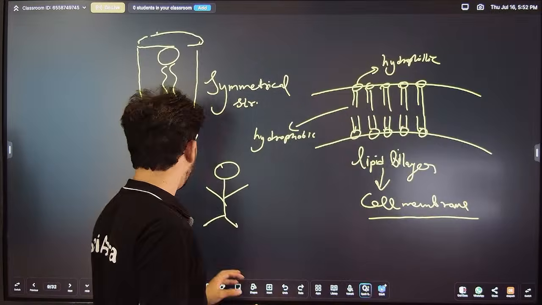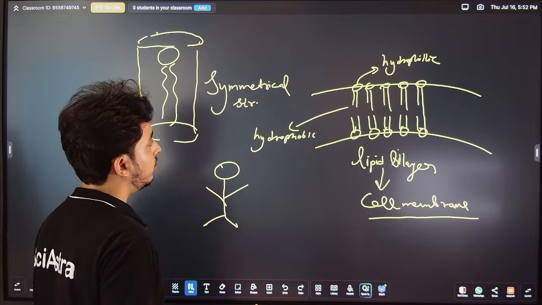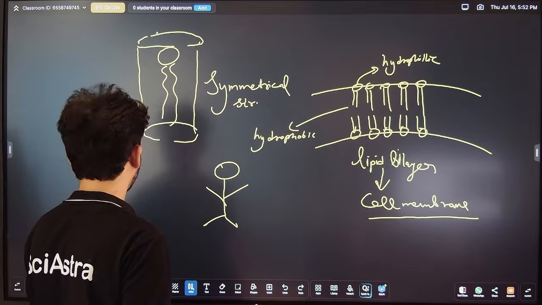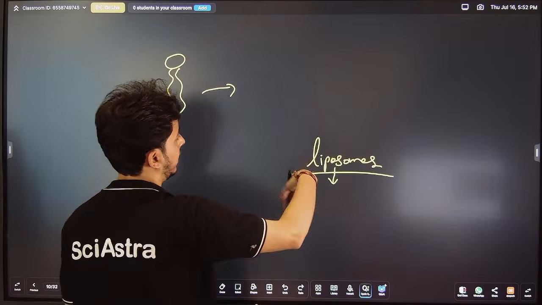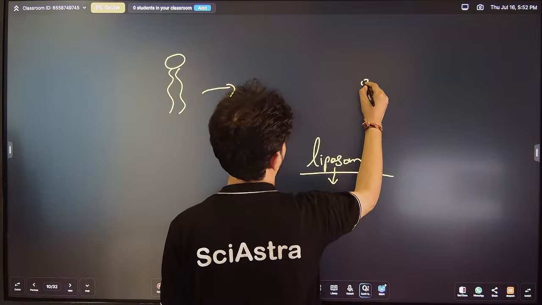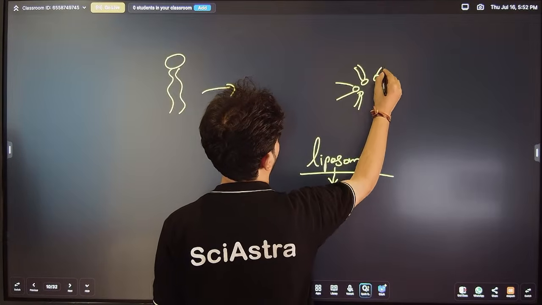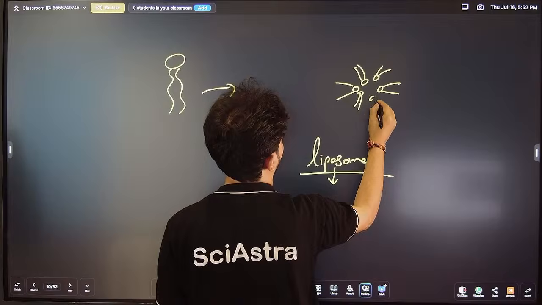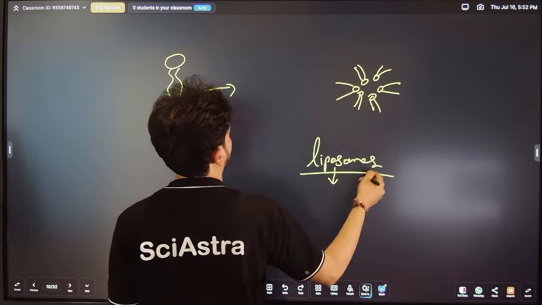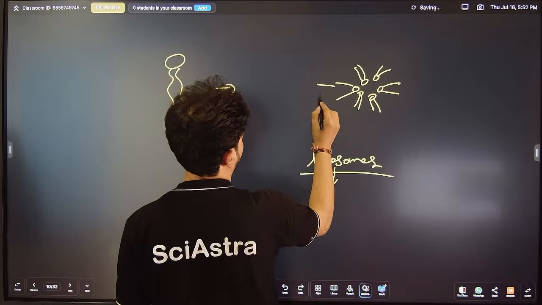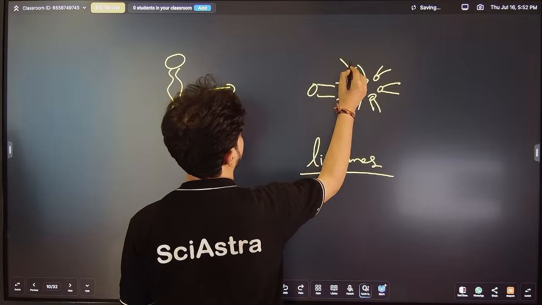So if it forms a sphere, inside you will have this kind of structure, and here in this particular case you will have this kind of structure.